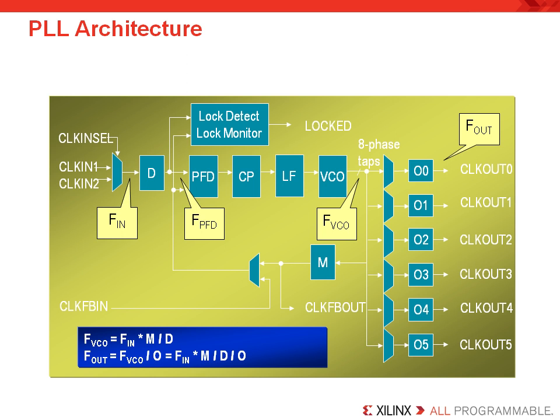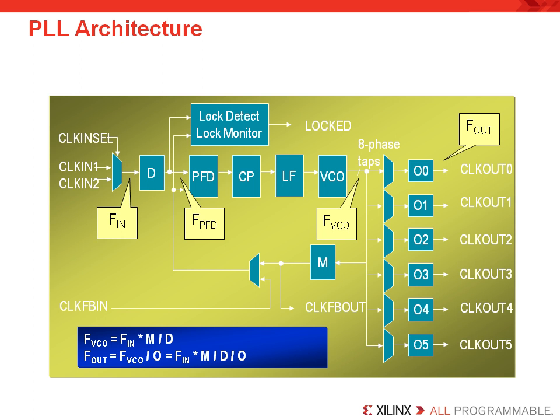Then the output of that switcher is fed to a programmable counter divider denoted by the letter D. The derived clock is then fed to the phase frequency detector, denoted by the characters PFD, which compares the feedback clock, that's the clock that has been selected to run back to the MMCM input, for clock input compensation. The clock input detection circuitry is also associated with the phase frequency detector, so we can determine if either the feedback clock or the actual input clock has stopped.